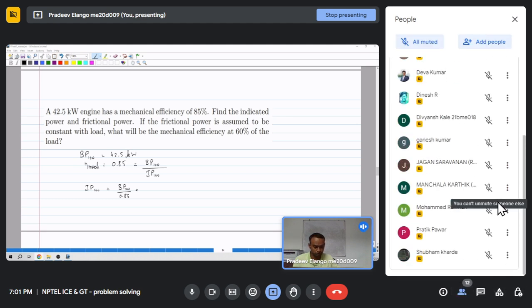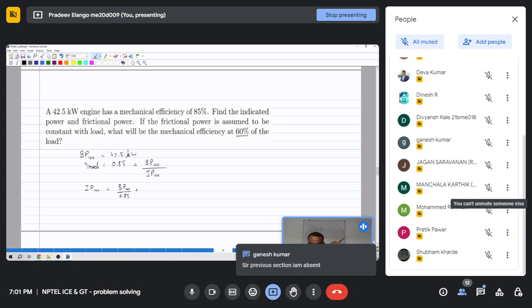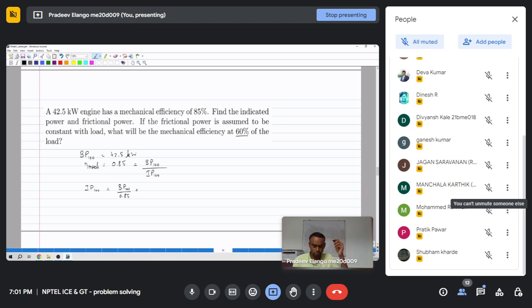Now we are dealing with different load conditions. So the second case is at 60% load. 100% load means this is the maximum that the engine can provide. So 50% load means half of this load condition.